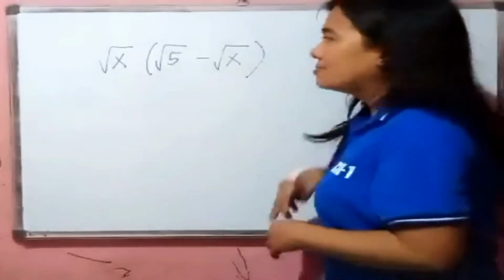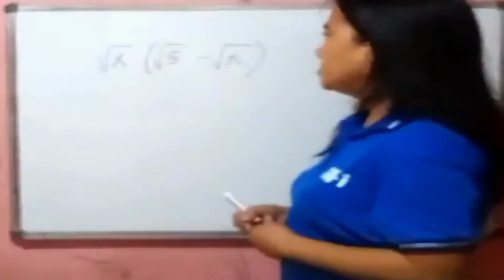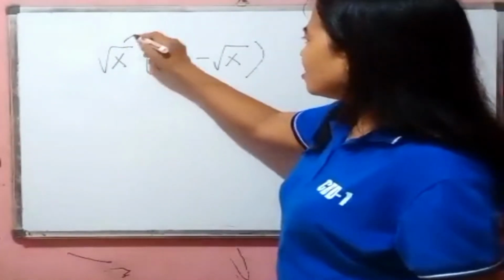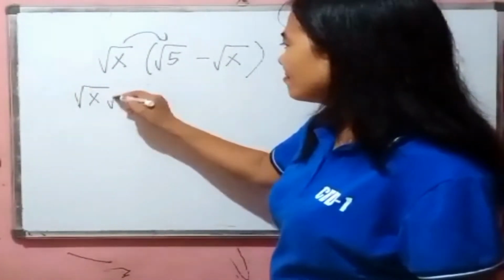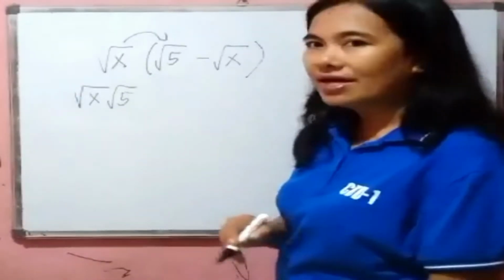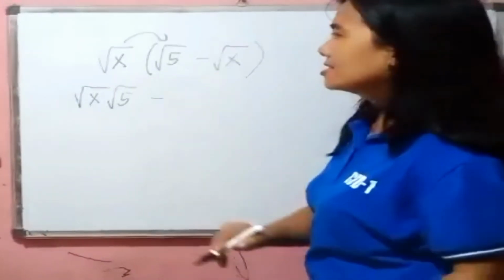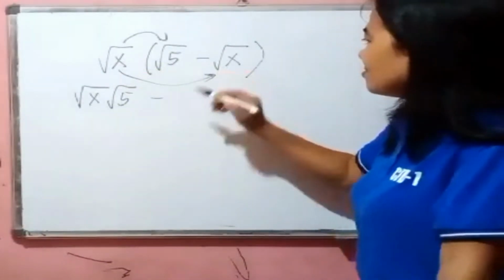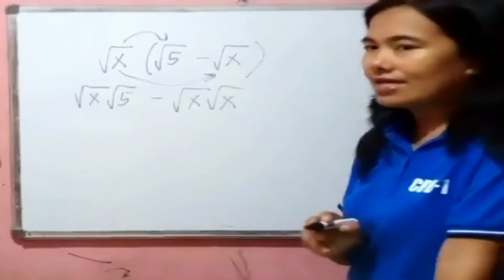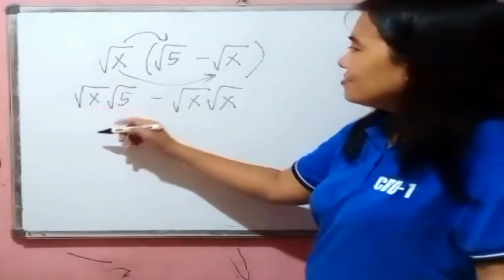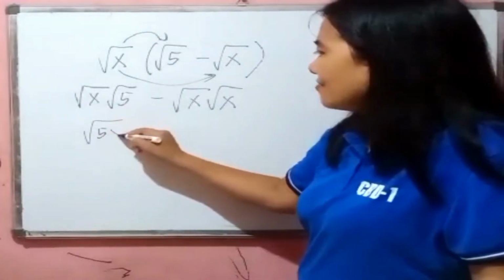Isa pang example na kapareho nung nauna. So, distribute the square root of x to the square root of 5. So, that must be square root of x, square root of 5. Minus pa rin dito. Minus. And then, distribute mo siya dyan. So, you have square root of x, square root of x. Ngayon, x times 5 is 5x.